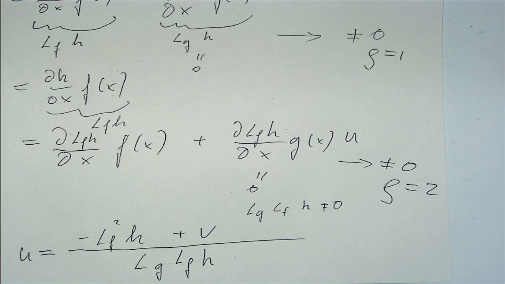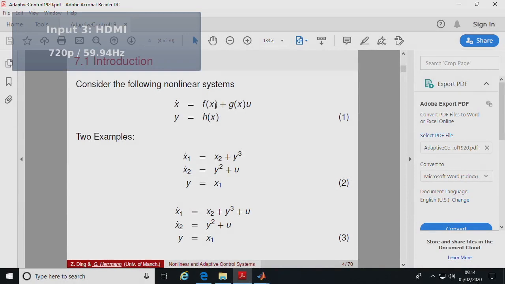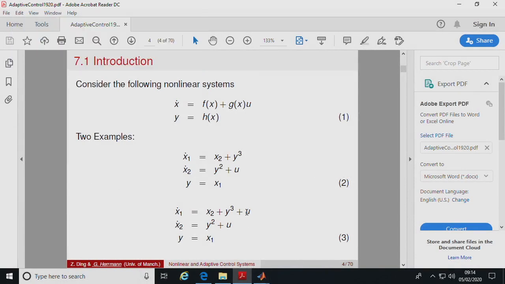For instance, in this example here, we had a bit of a problem. Obviously, the relative degree here is 1. And if we just cancel this, then we in principle don't really know what's happening here.